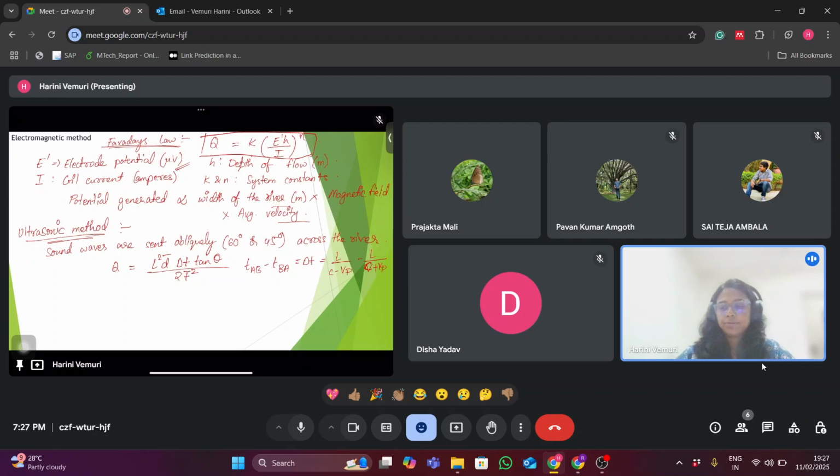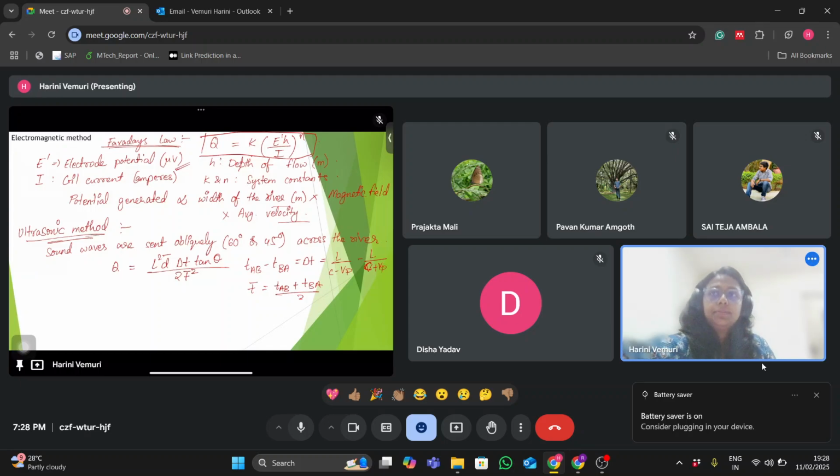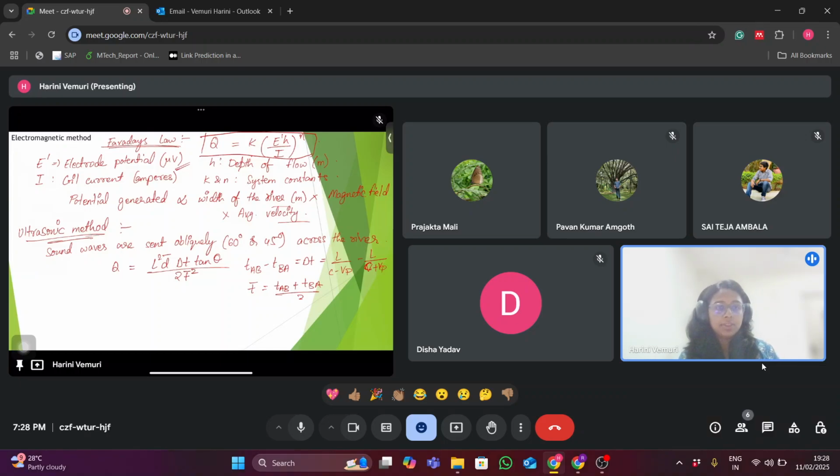C is the velocity of sound in meters, and theta is the angle at which we are sending the sound wave. Mainly it is useful for rivers with more than 300 meters depth, and where we don't have a stage discharge relationship. It is also useful even if the stream has backwater conditions because of dams, tides, or any other causes; this method is applicable.